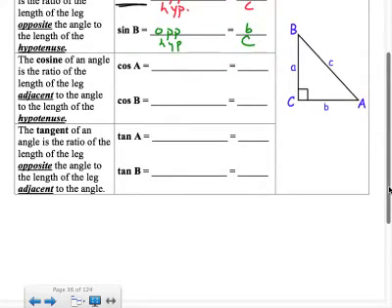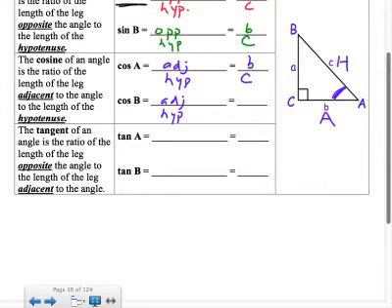So the cosine is the adjacent over the hypotenuse. I'm just going to fill it in for both of these. Again, it all depends on what angle you're looking at. With respect to angle A, this is the hypotenuse no matter what, and the adjacent side would be b, so you'd have b over c.